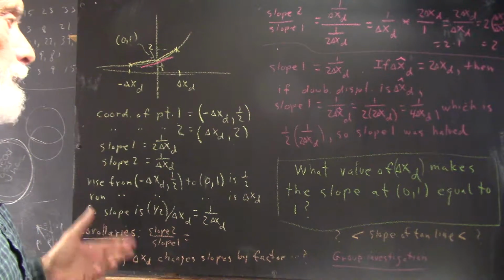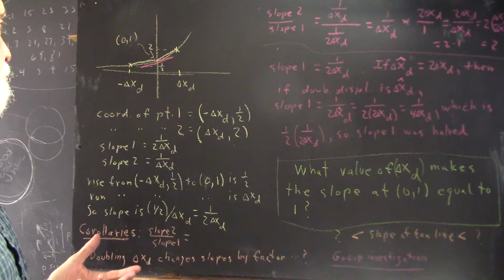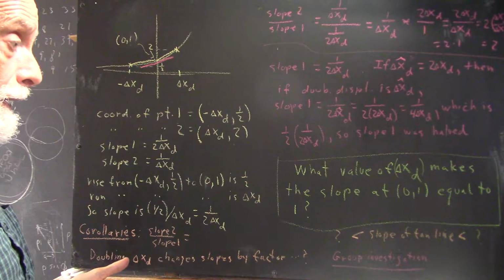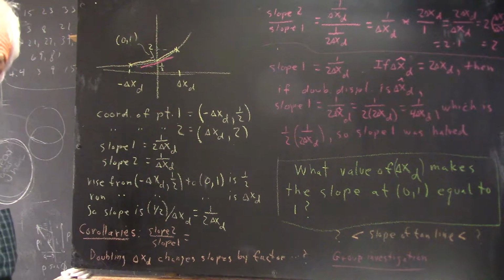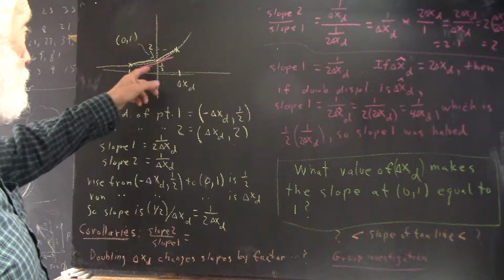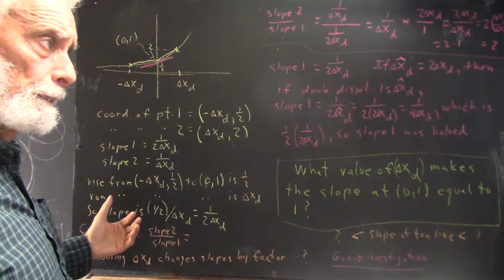Okay? If delta x sub d equals 1/2, it turns out that the slope here is 1, the slope here is 2. We've seen that. So that the tangent line has a slope of at least 1.